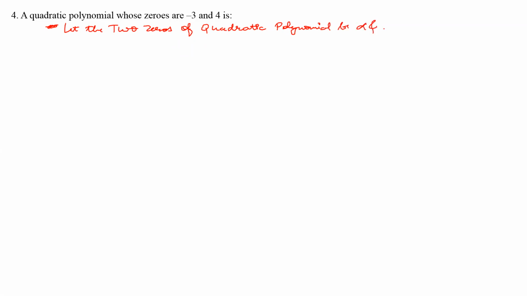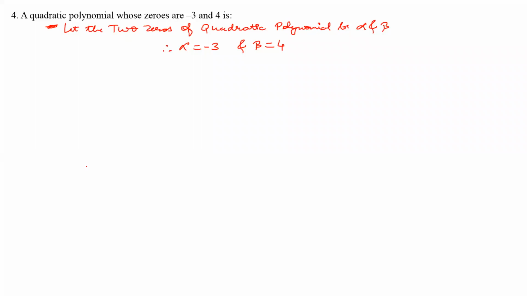So therefore what we can write? Alpha is equal to -3 and beta is equal to 4. These two zeros are given, and what we have to write? We have to write a quadratic polynomial.